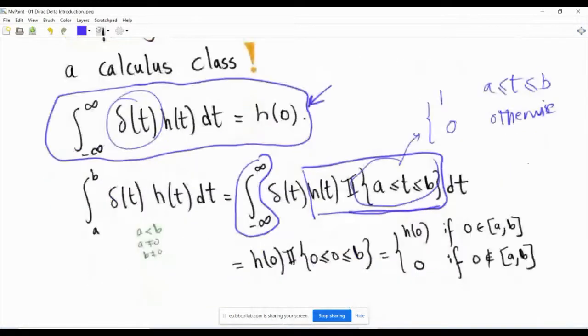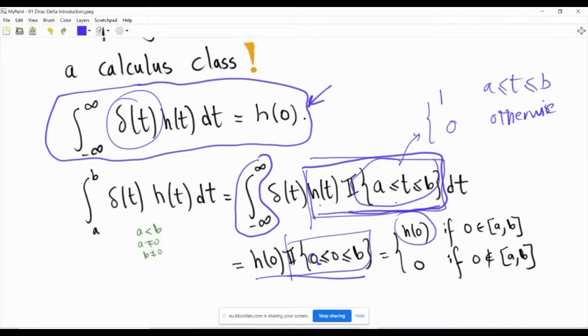And if we apply the rule, delta samples the function at t equals 0. It gives you the value of the function at t equals 0. So this integral, again, we take as if it's a real integral, and it will evaluate h of t multiplied by the indicator at 0. Okay, and so this will give h of 0 if the indicator is equal to 1.